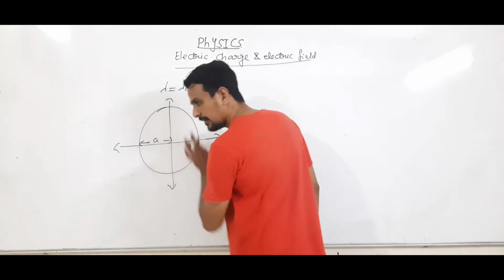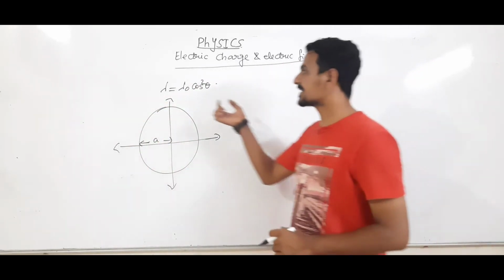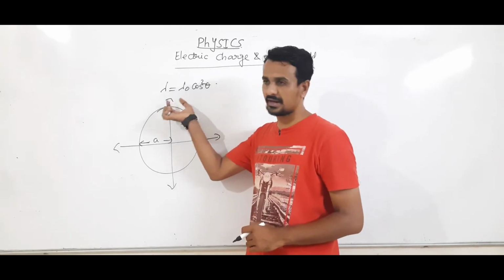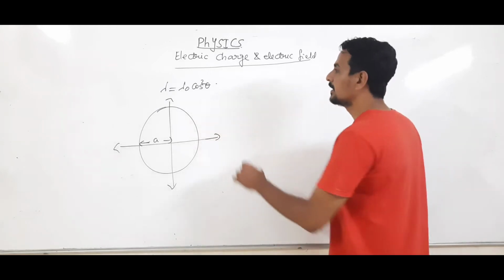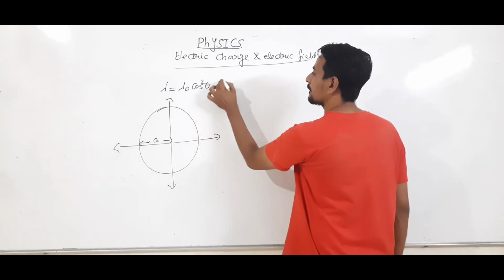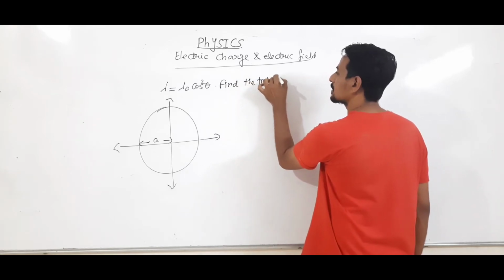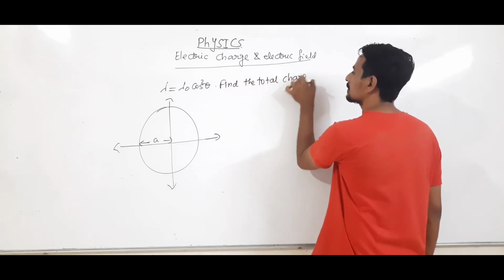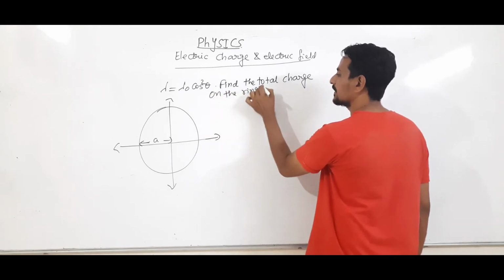There is a ring of radius a, the linear charge density on the ring changes according to this equation lambda equals lambda 0 cos square theta. Now you have been asked to find the total charge on the ring.